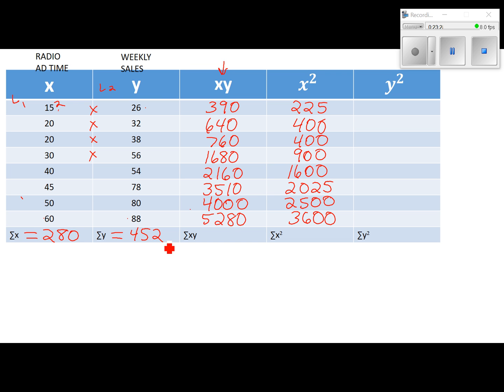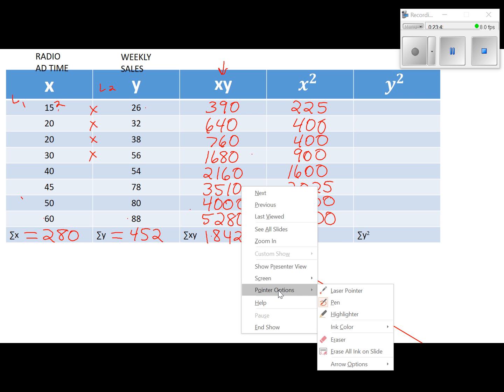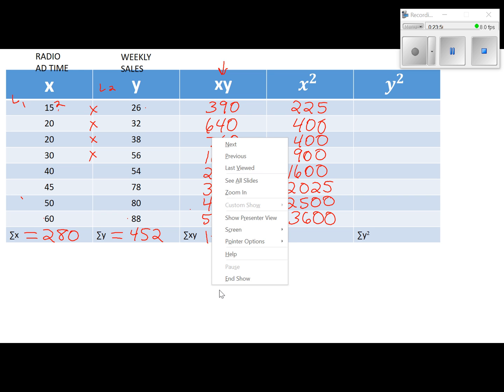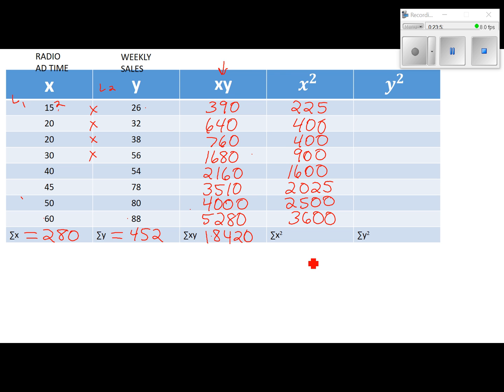On this one, I forgot to add up the list down here. You just punch them all into your calculator and add them all up. When I did that, I came up with 18,420. This list, I added them all up, and I got 11,650.